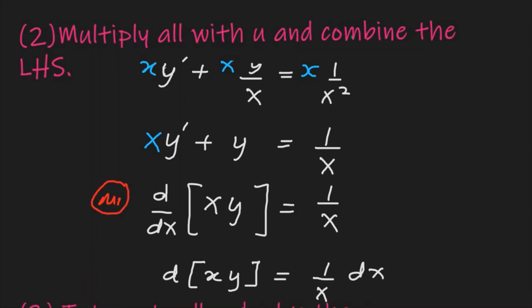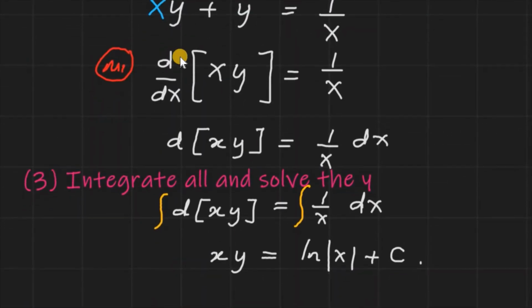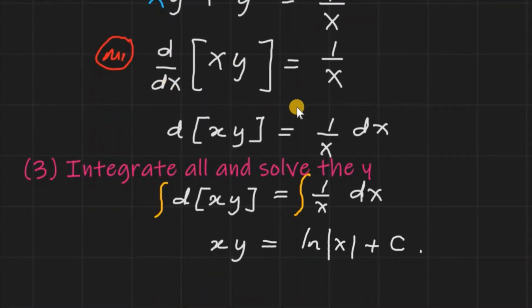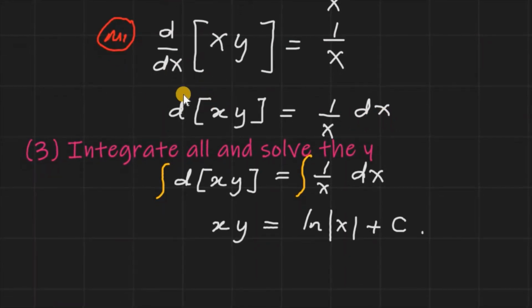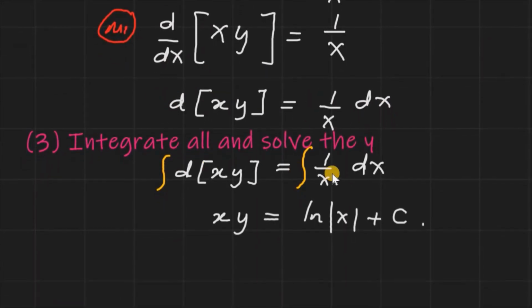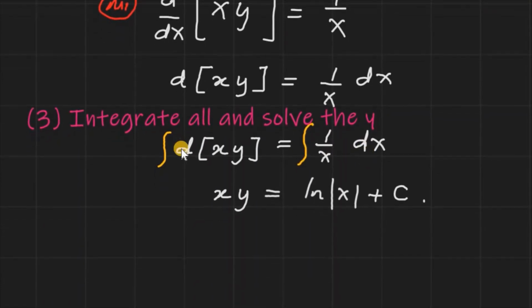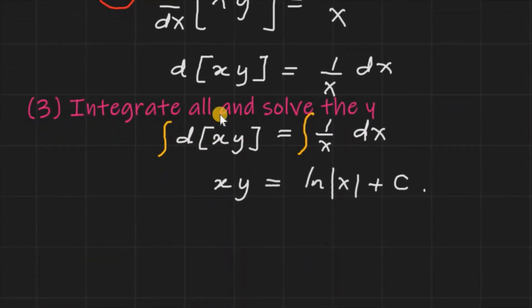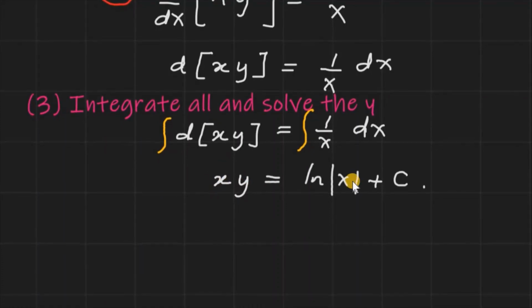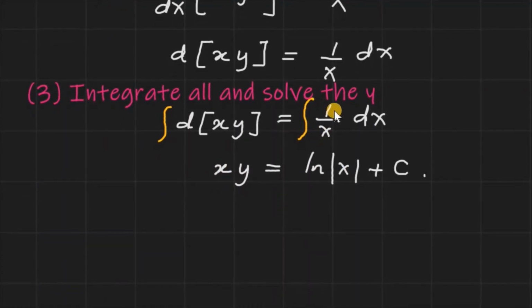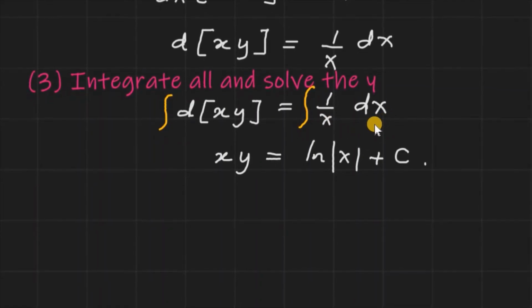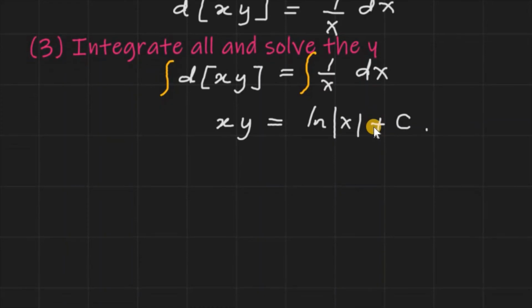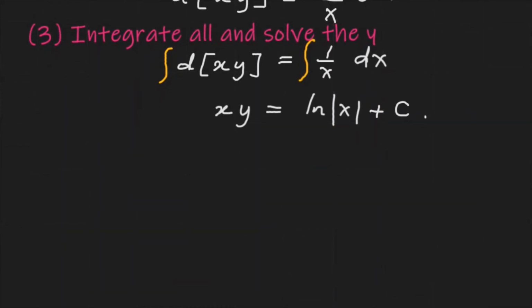Then step number 3, what should we do? After you have got this, we rearrange it, multiply by dx, and integrate both sides. We integrate both sides and solve the integral. On the left side is the xy, and on the right side, integrating 1 on x, we get ln x. Hence, we are now able to solve our y.